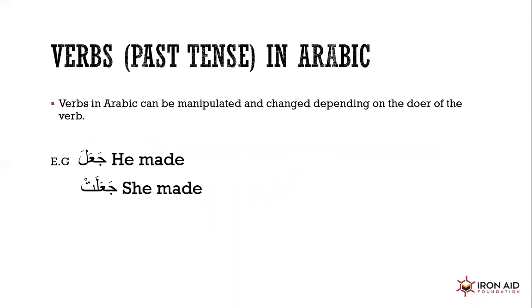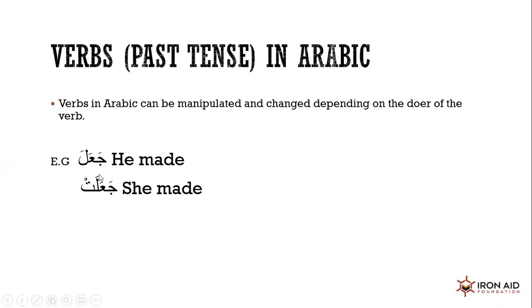So this is past tense verbs in Arabic that we have covered. Verbs in Arabic can be manipulated and changed depending on the doer of the verb. Obviously, like many other languages, you have past tense, present tense, and future tense as well.